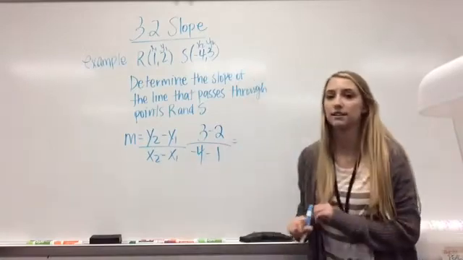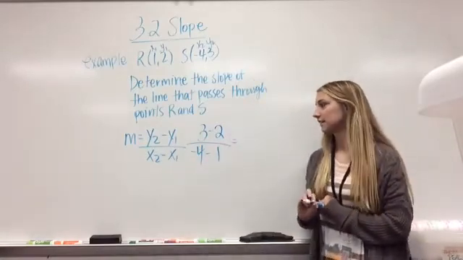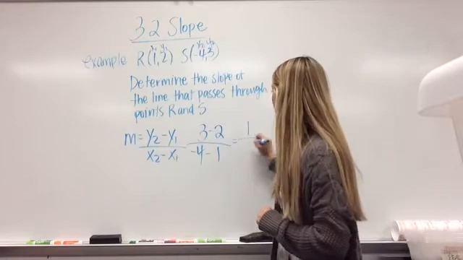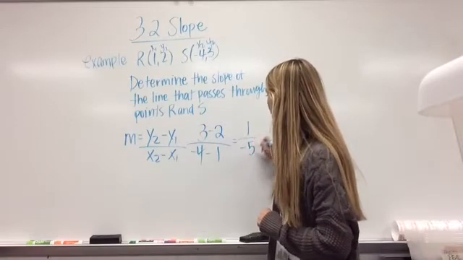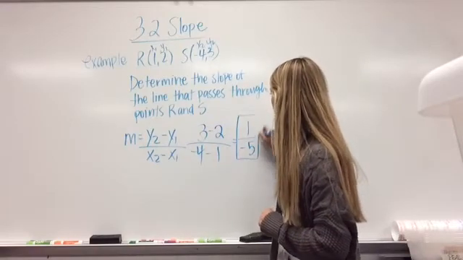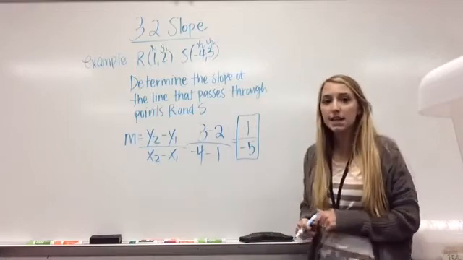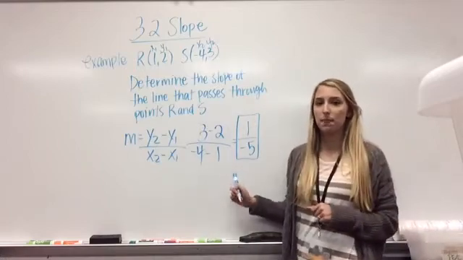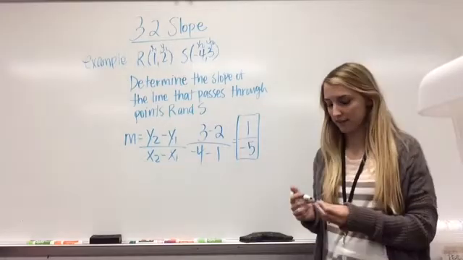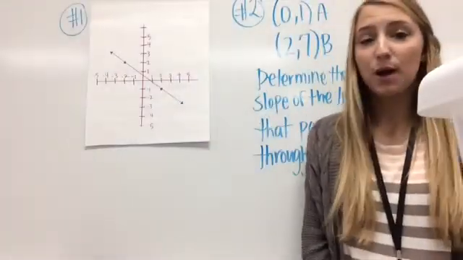What do I get? 1 over negative 5. That cannot reduce anymore, so that is my slope: 1 over negative 5.